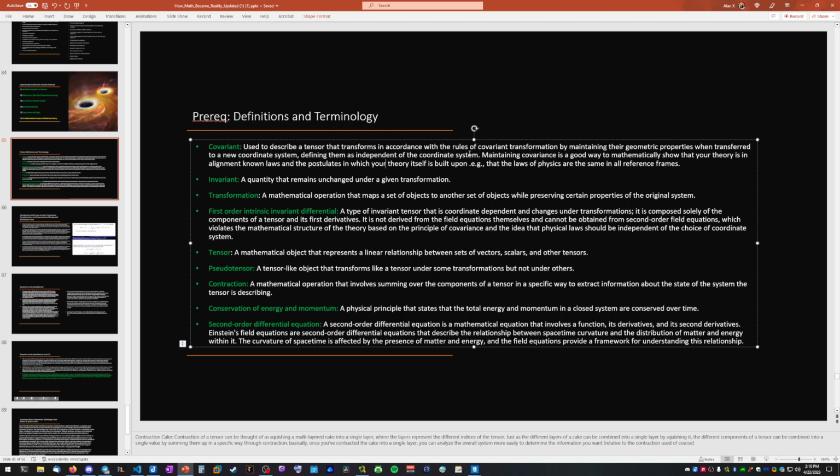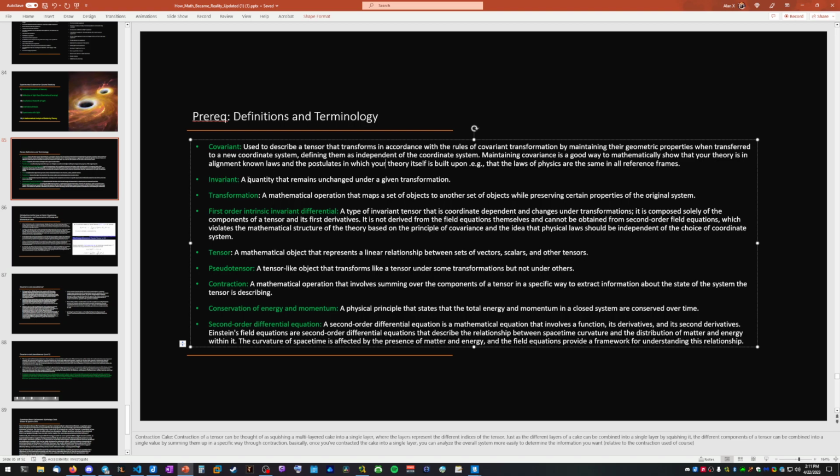And that relationship is called covariant. You can transform the tensors to a new coordinate system. They maintain their properties without needing to be corrected or anything like that. All the laws of physics will be the same in all reference frames.